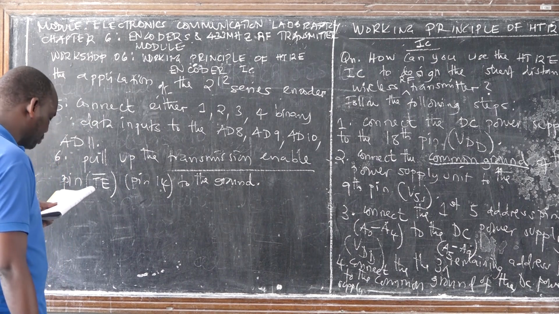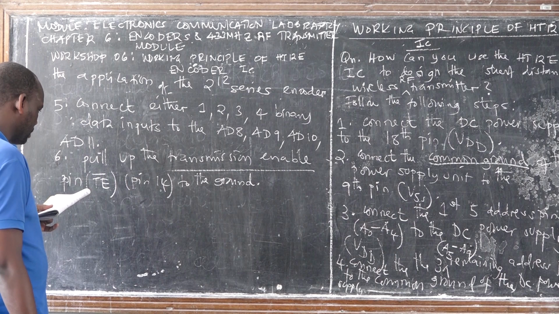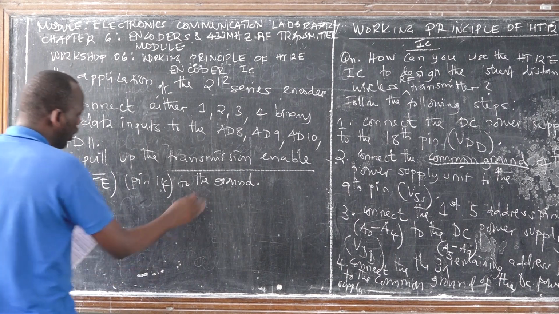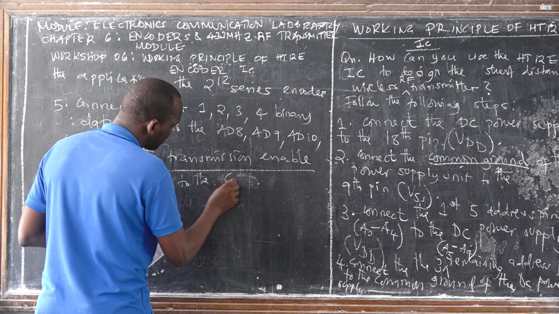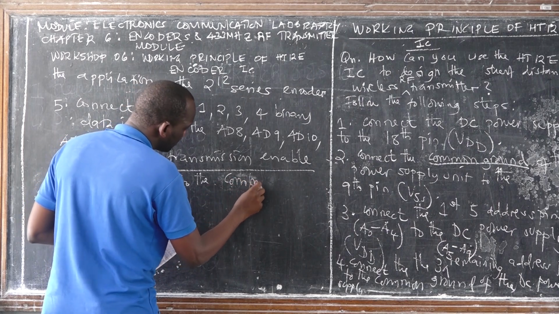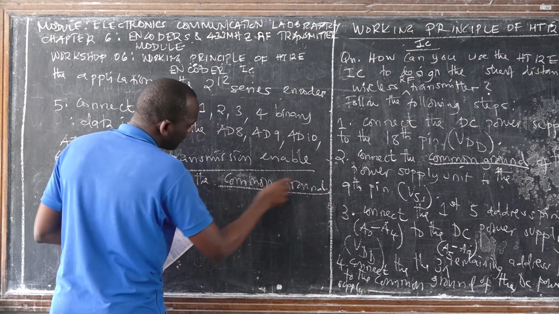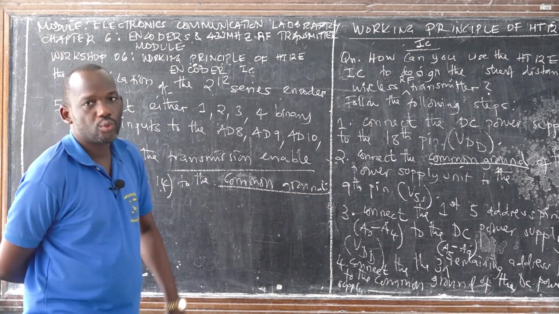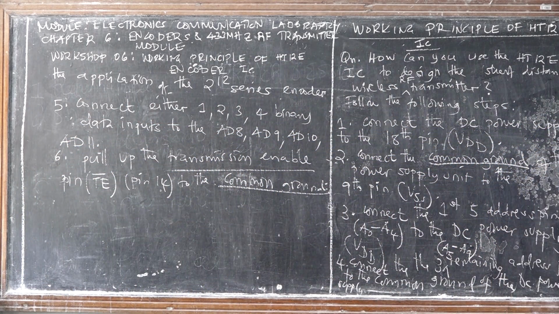Pull up the transmission enable pin, which is pin 14, to the common ground. What does it mean? It means simply connecting pin number 14 towards the ground.